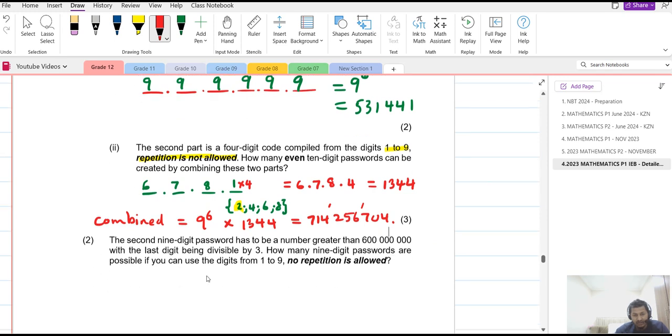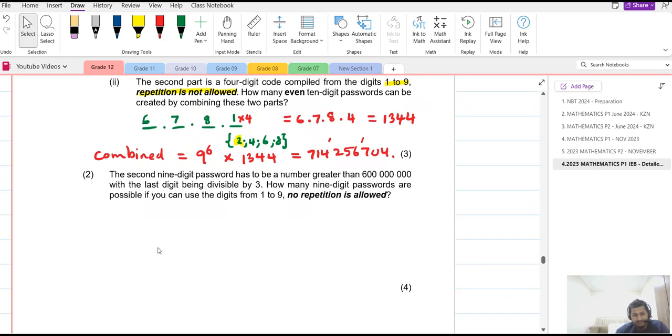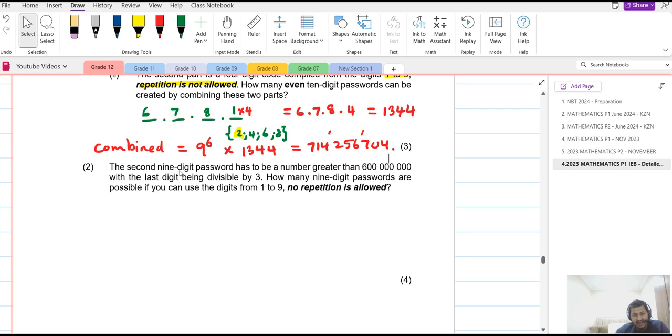Now let's look at this problem. The second 9-digit password has to be a number greater than the second 9-digit password, right?